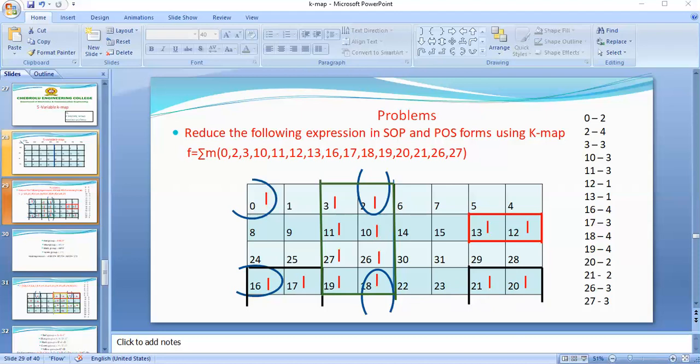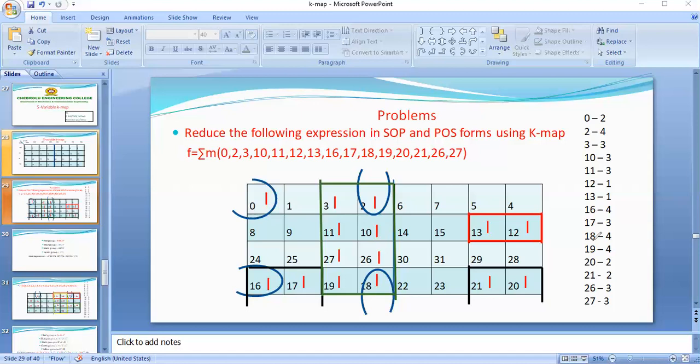So like that you have to write the number of adjacencies for each minterm. After that, what do we have to do? We have to group these minterms to get the simplified expression.